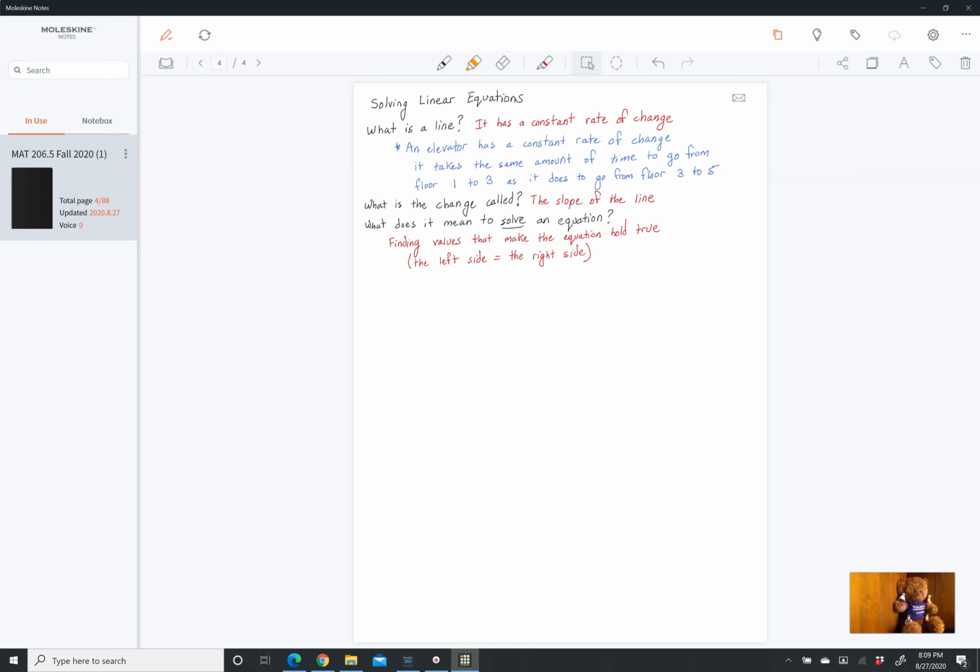So let's look at some examples of linear equations. And these are not equations that we're going to solve necessarily. The first couple we're actually not going to solve because I'm going to include two variables in there.